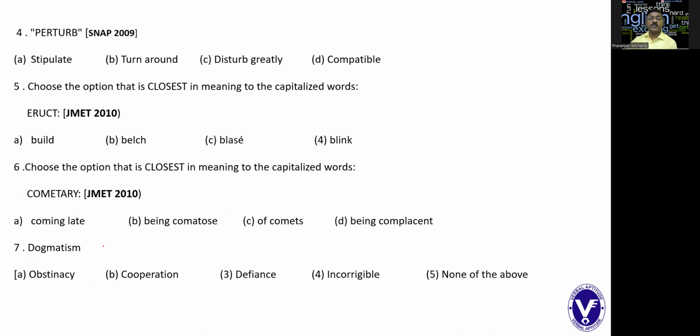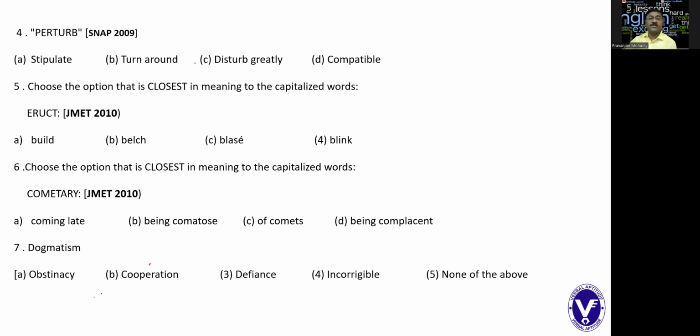Now, the next word is perturb. Perturb is to disturb greatly. What you can do is pause the video and answer the questions, and then you can cross check whether you have answered it correctly or not.